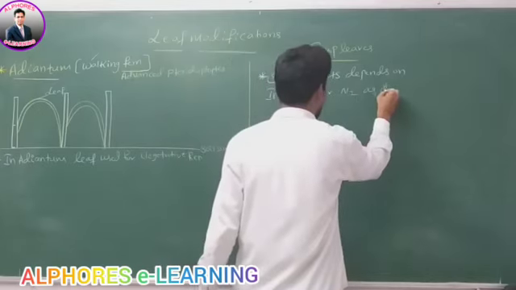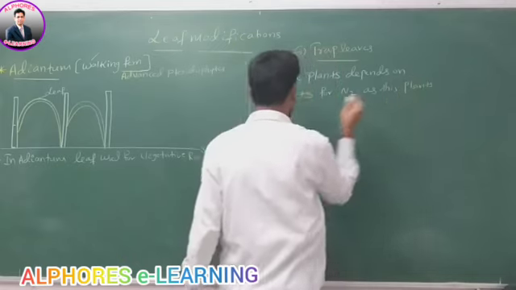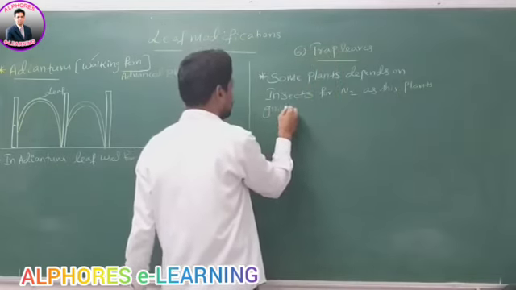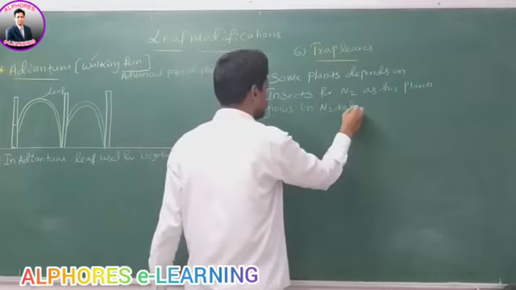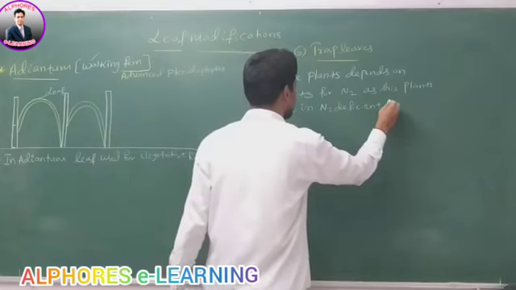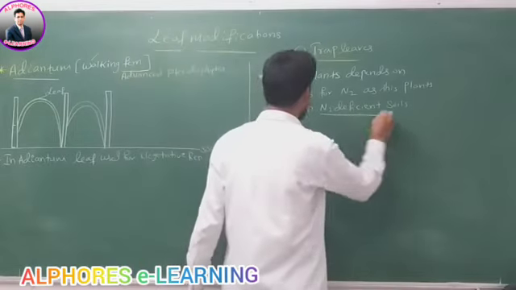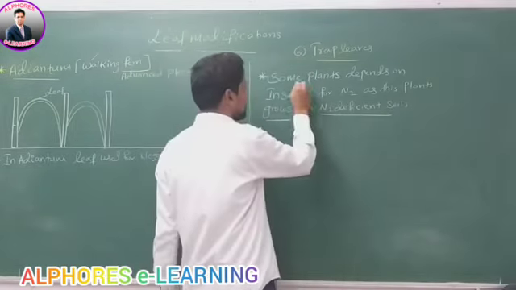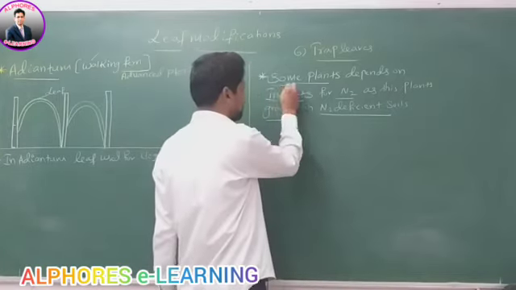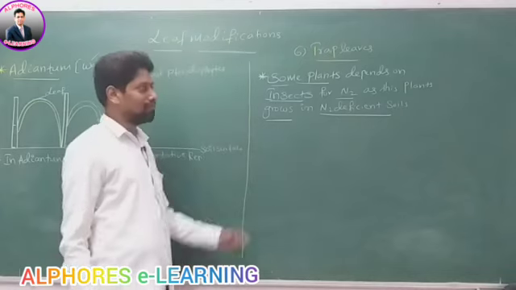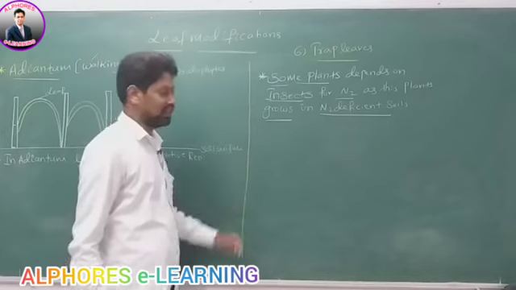As these plants grow in nitrogen deficient soils. Therefore, the plant is extracting the nitrogen from insects. Do all plants extract the nitrogen from insects? No, some plants extract the nitrogen from insects as these plants grow in nitrogen deficient soils.